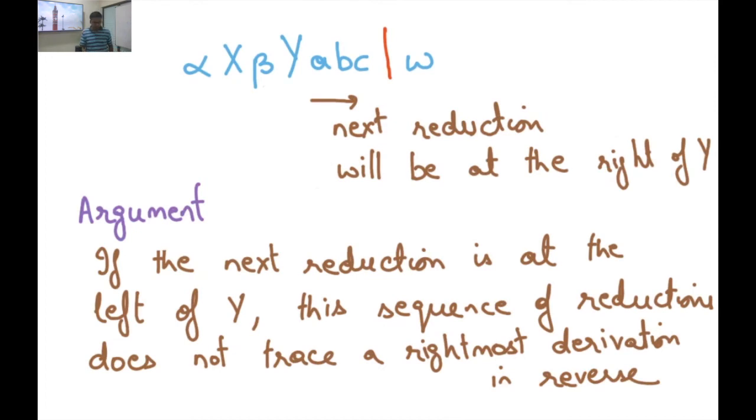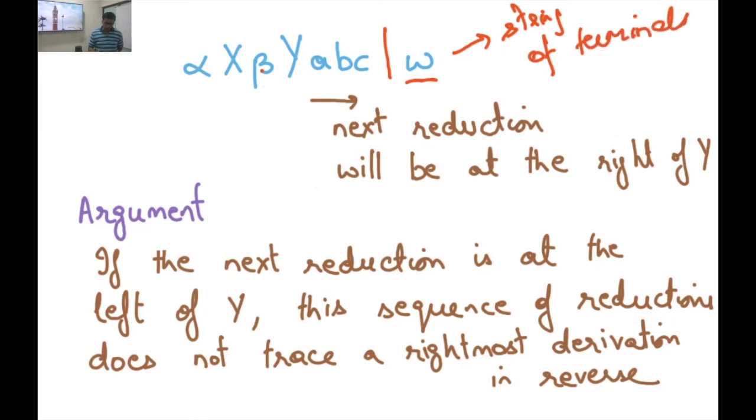Let's say I have this string at any point in my stack, looking bottom to top: alpha capital X beta capital Y a b c, where X and Y represent non-terminals. So what is the rightmost non-terminal in the stack right now? And then there is this omega, which is basically just a string of terminals because you haven't even seen it.